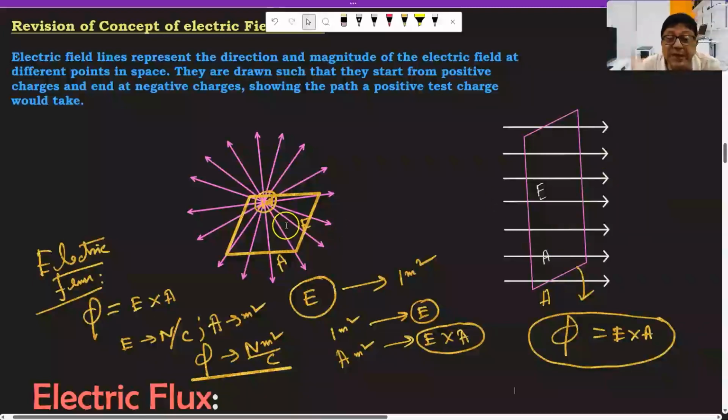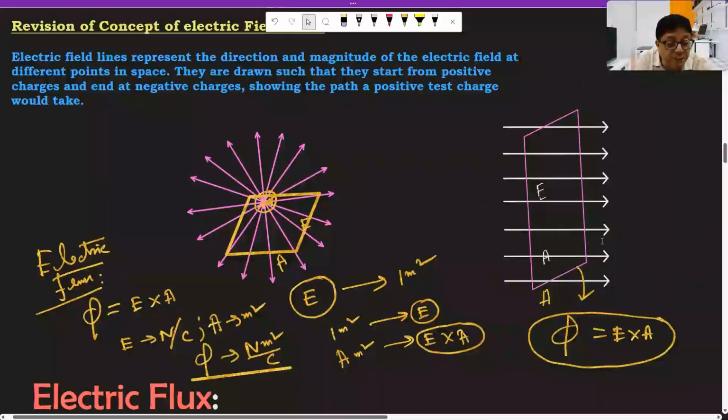But previously, if the area is too large, which we have considered, then field strength may not remain the same at all points. Flux calculation may go wrong. So right now you understand it for a uniform electric field.